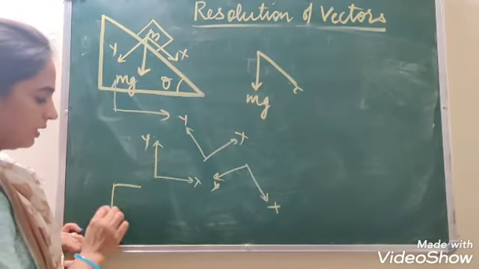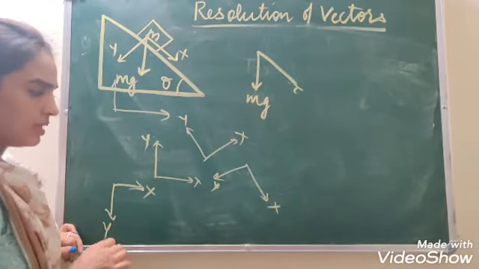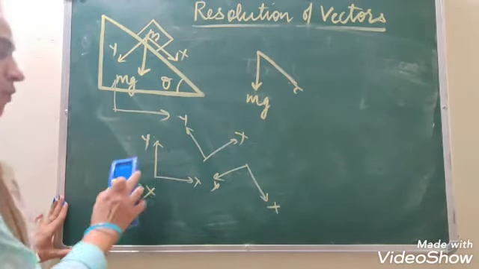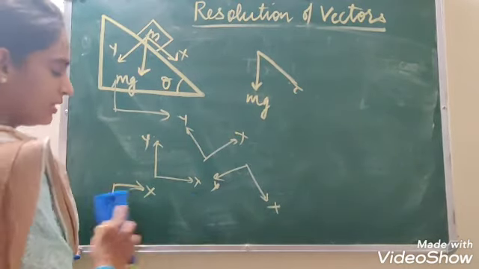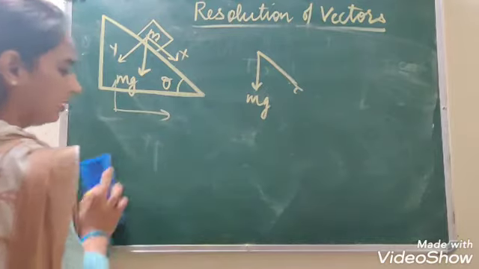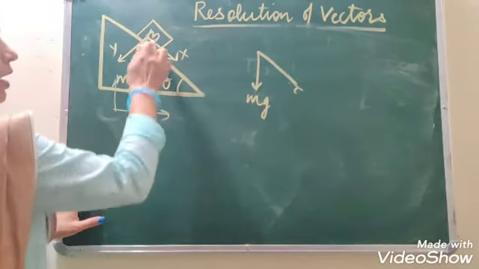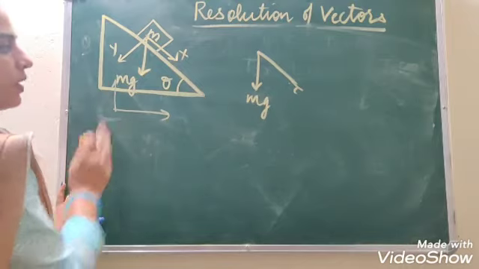It's just that with respect to this axis, you have to state the vector direction. So here our x and y axes are like this.